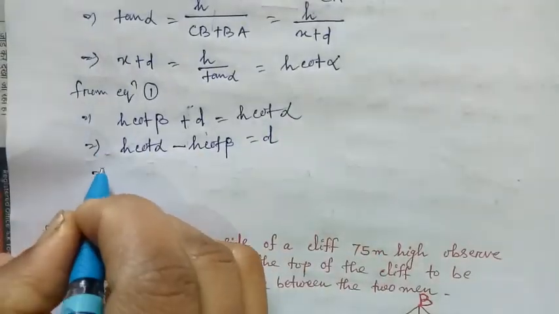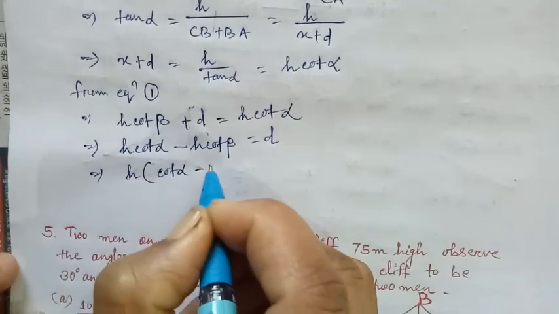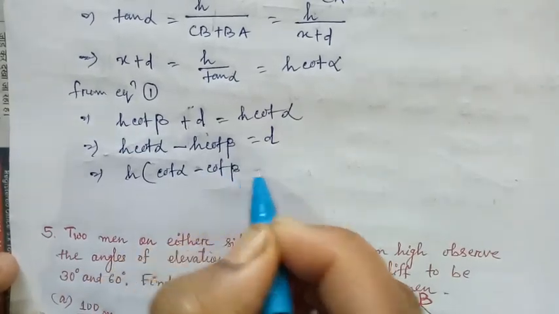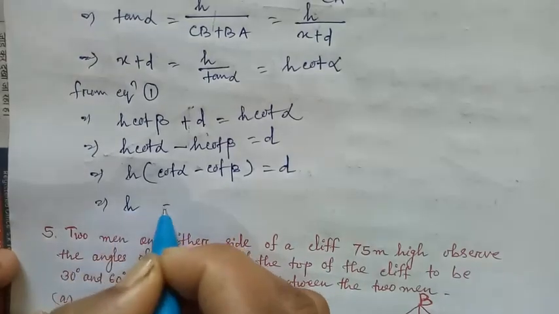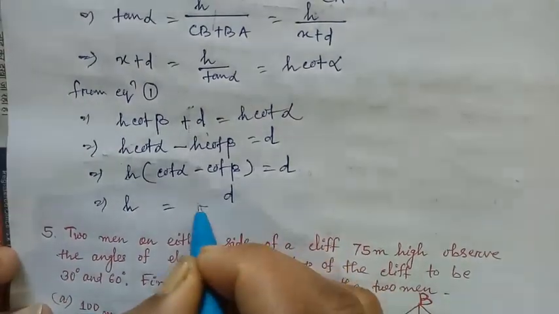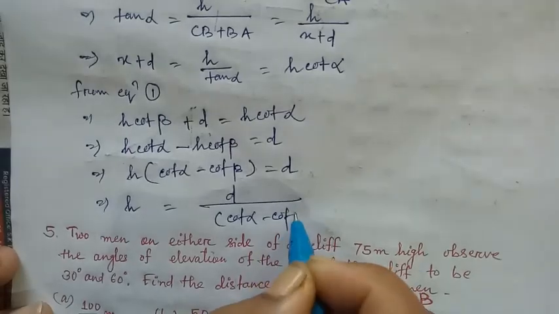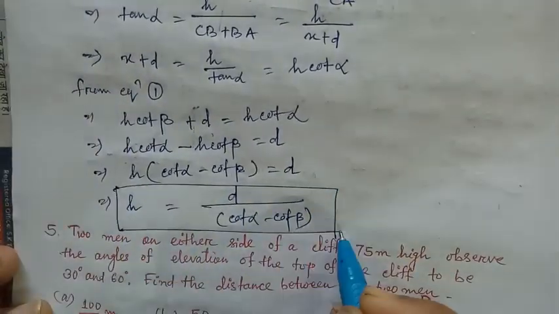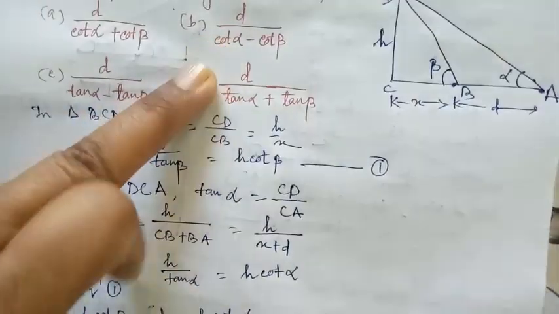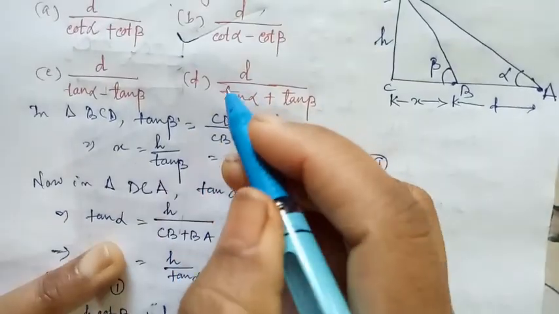Take H common, so H times cot alpha minus cot beta is equal to d, or H is equal to d upon cot alpha minus cot beta. Yes, so it is option B.